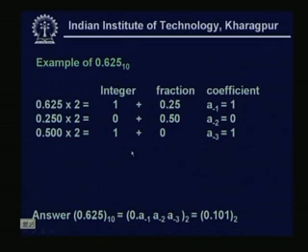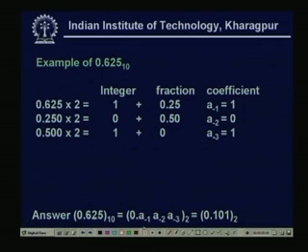So, now I am taking 0.625. This is in our decimal number system. So, what was the rule? The rule is that it should be multiplied by the base. Here we are converting to binary, that means 2. So, 0.625 into 2, what will we get?